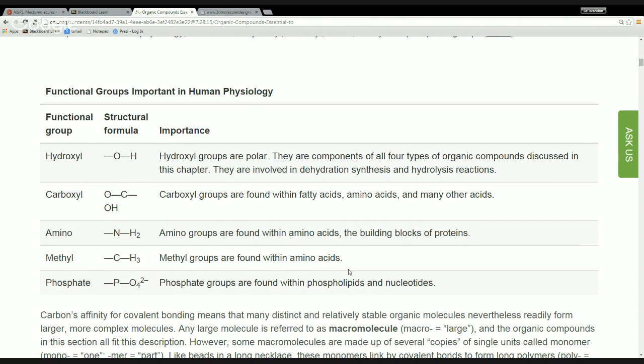Adding that hydroxyl group onto what was the ethane molecule changes it so that it's no longer called ethane. Instead, it's called ethanol, which you've probably heard of. What is ethanol? It's fuel from corn.